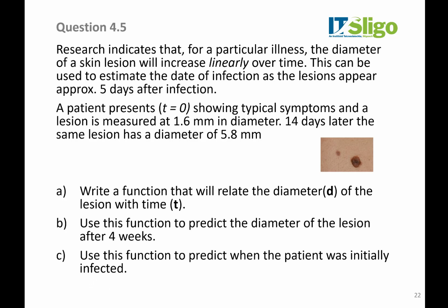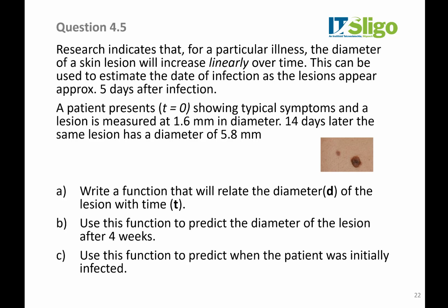So one thing, guys, is make sure when you're working out this function, make sure you use days for time. Don't use weeks, because that's what I'll be programming into Moodle, is that you use days. Okay, so be careful there. Make sure time is in days when you're setting up your function. So use this function to predict when the patient was initially affected.